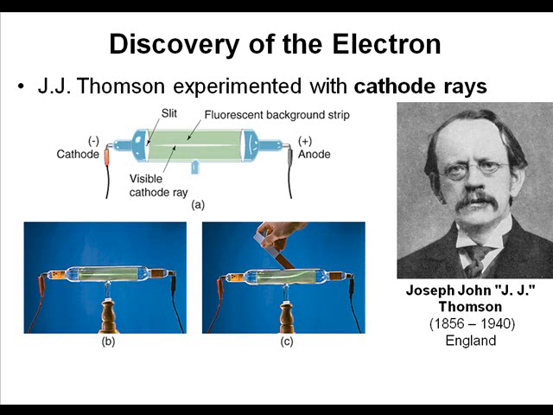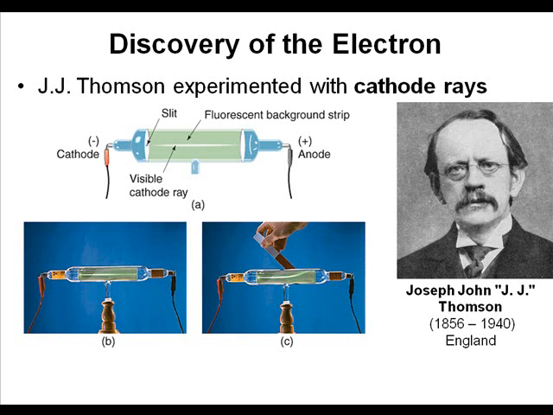Now in the lower left area, you'll notice that there is this light green line going across, and that actually is the electrons flowing, which he didn't know about. He didn't know what it was, but he knew that there was these particles going by.